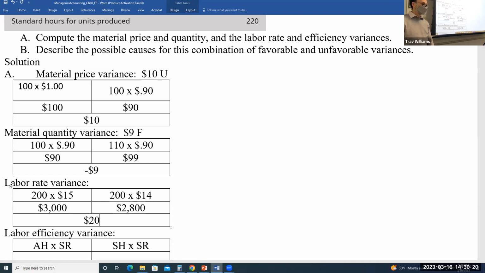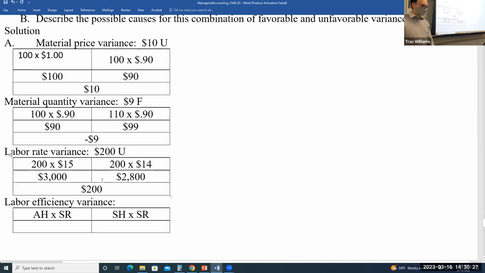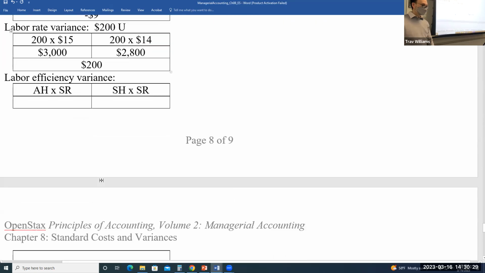And so that's a difference of $200 unfavorable on the rate variance. And again, you can take the right side of the first formula, make that the left side of your second formula. And standard hours, I believe, is 220.